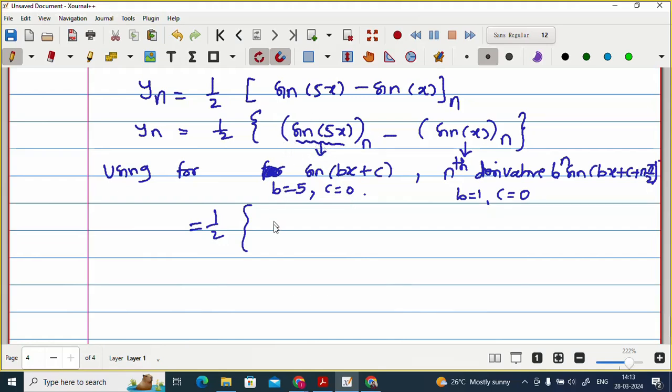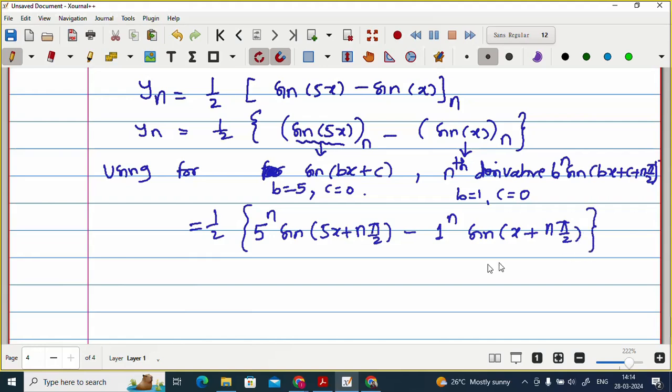So by that it will be 5 raised to n sin of 5x plus c is 0 plus n pi by 2, minus, here it is 1 raised to n sin of x plus c is 0 plus n pi by 2.